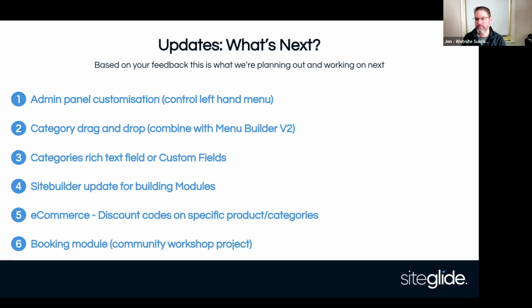Secondary to that, although a lot less of an issue because it's a lot quicker anyway, would be the Shopify side of things, where it's nice to bring in somebody's Shopify and then expand it within Siteglide.